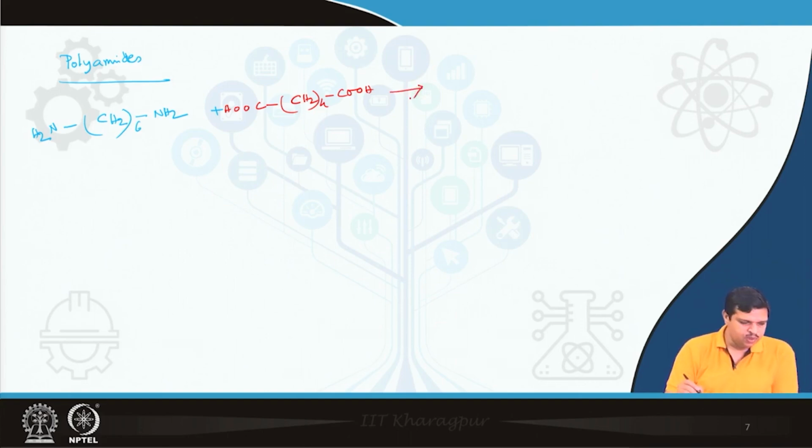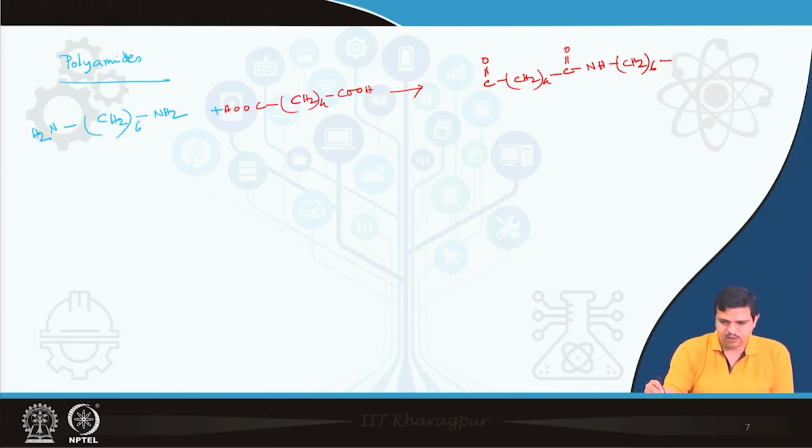You will get CO, CH2 4, then CO at the other end, and NH CH2 6, and then NH at the other end, and you will get this polymer.